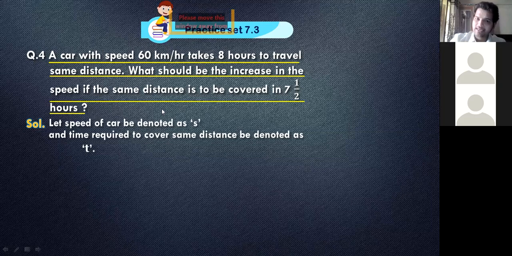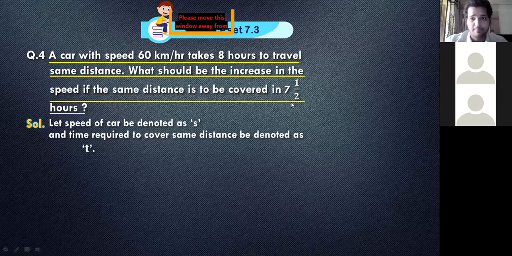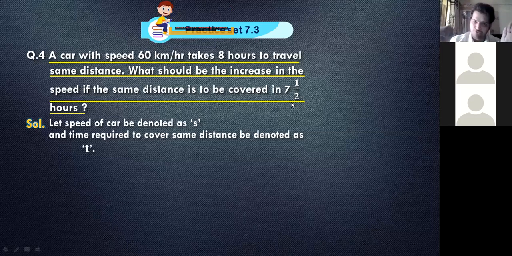whenever you increase the speed of any vehicle, the time taken to cover the same distance will reduce. For example, when you come home from your school, if you walk fast, you will reach early.